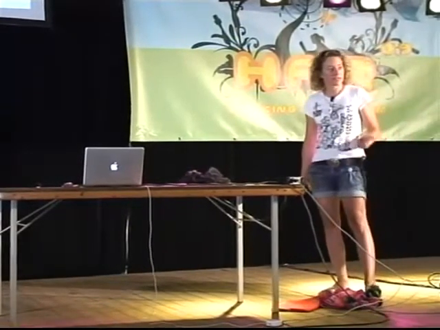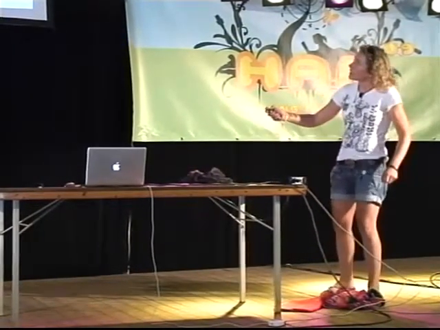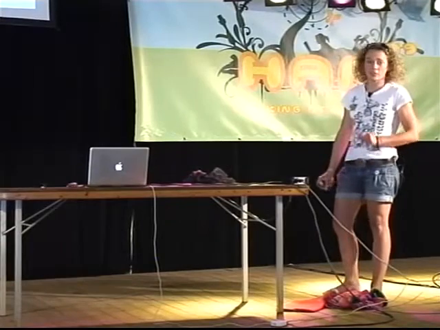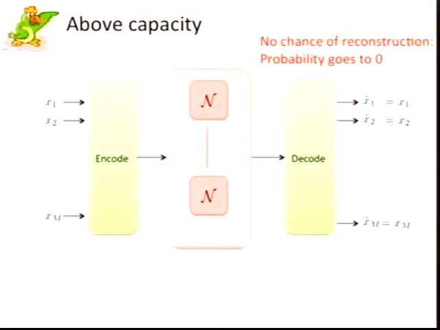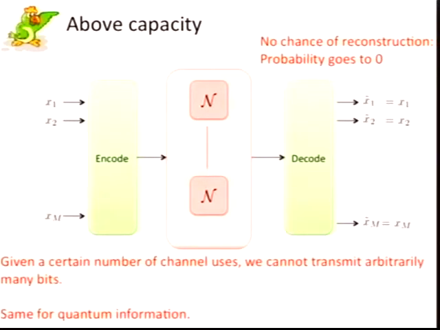And in fact, it gets even worse. Namely, as you are above capacity, so if you try to send too many bits, then your chance of reconstruction, so your probability that you'll manage to get out exactly what comes in, goes to 0 if you try to send very many bits and the number of channels is large.